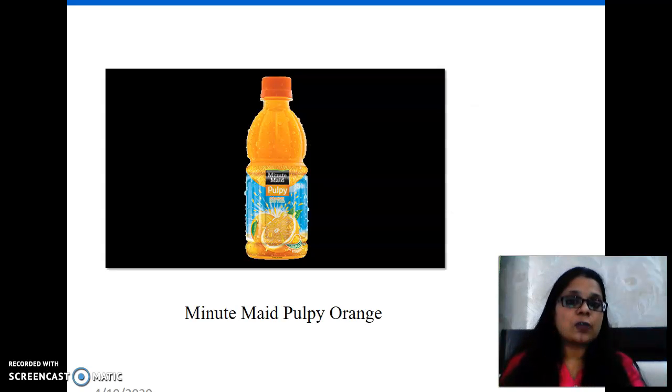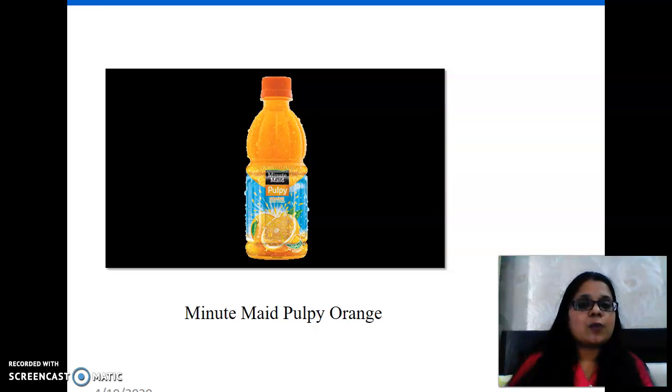The shape of the package can also influence. I've taken a small example of Minute Maid Pulpy Orange. You must have all seen this brand readily available in the market. See how the marketer uses physical appearance to create a USP for the brand.